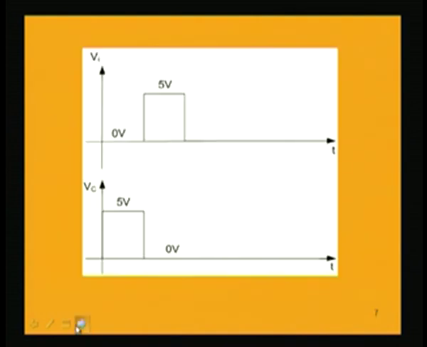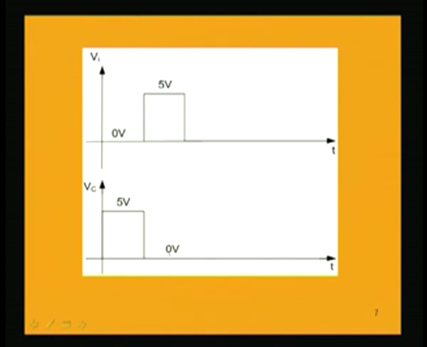If we now compare the two voltages, input and output voltages Vi and Vc, we get a plot like this. When the input voltage is 0, the collector voltage is 5 volt, and when the input voltage is 5, the voltage at the collector becomes 0. It is just inverted. If it is low, it becomes high, if it is high, it becomes low, and this is the action of an inverter.